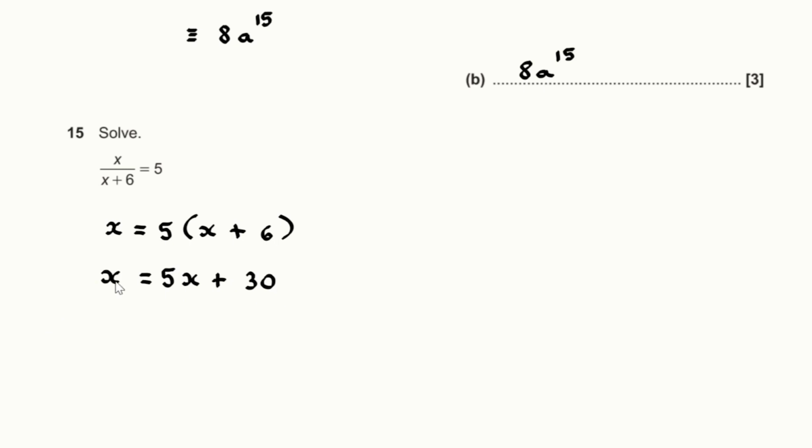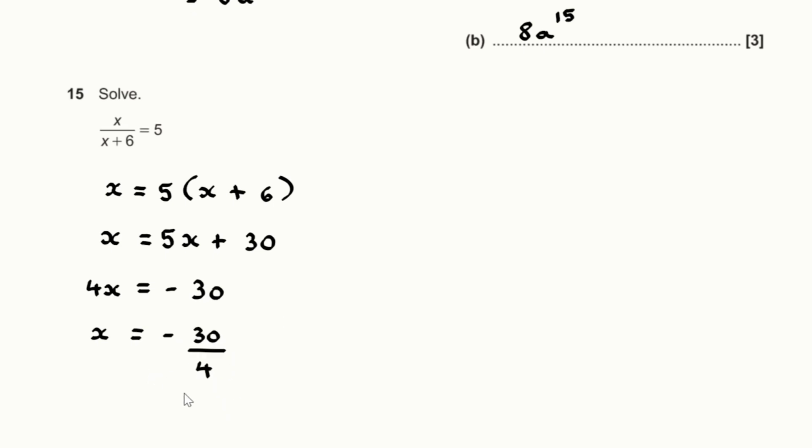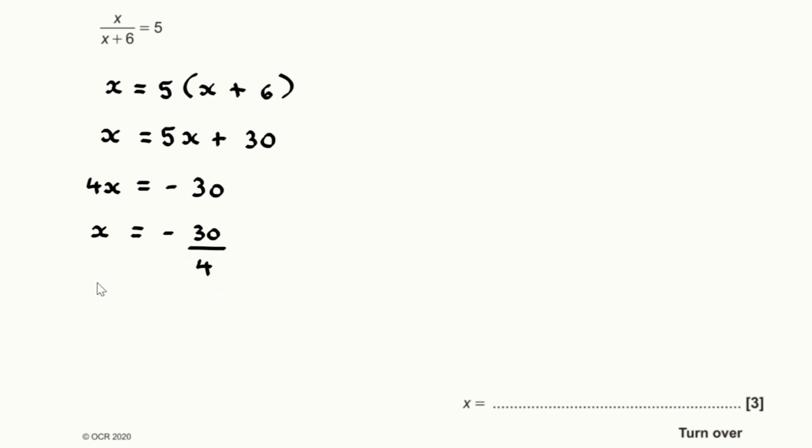So we have x equals 5x plus 30. Rearranging, 4x is equal to minus 30. x is minus 30 divided by 4. We have 15/2 multiplied by -1. So we have x equals minus 7.5.